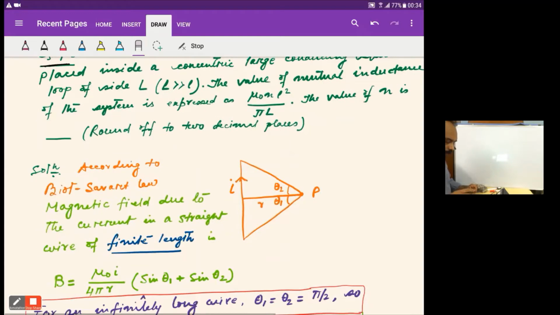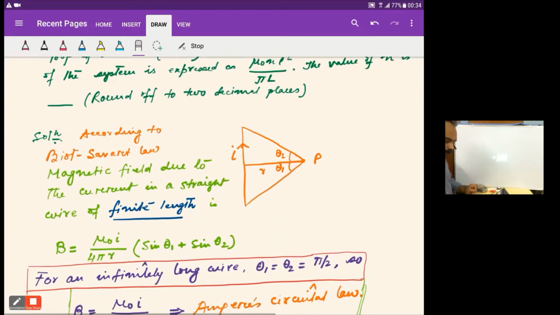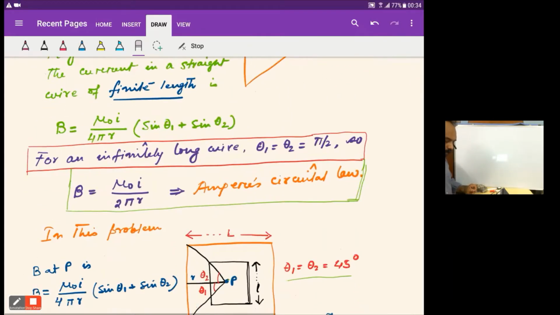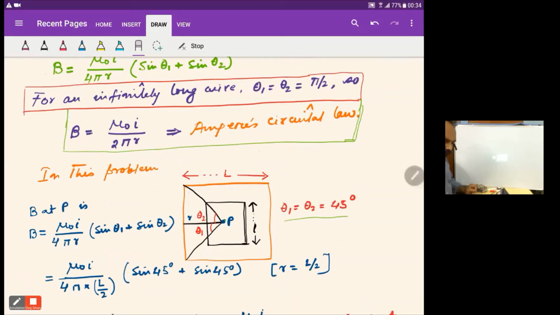So actually, this is the picture: a bigger loop of side capital L, and inside it there is a small square loop of side small l.